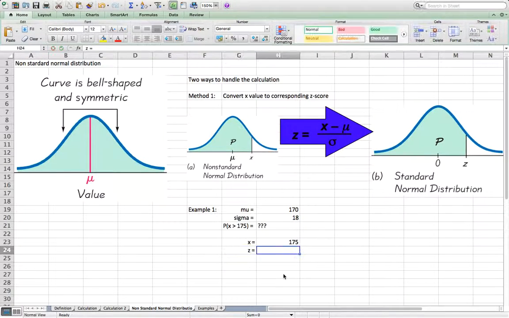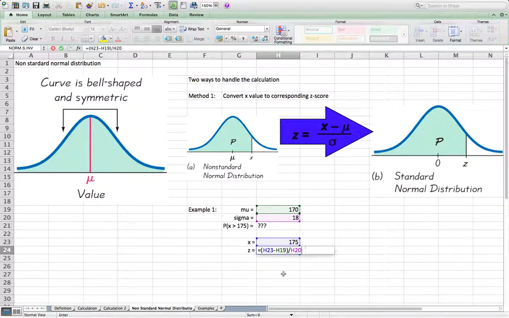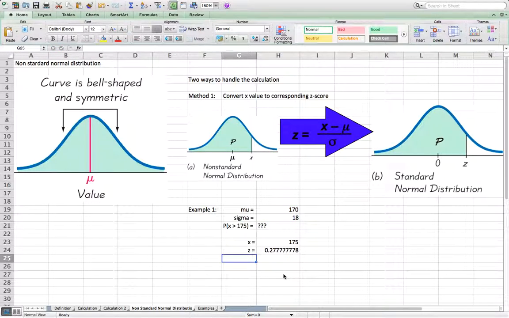Z will equal, you can type the formula, equal first, H23 minus mu, which is H19, then divide by sigma, which is H20. That's your z-score.